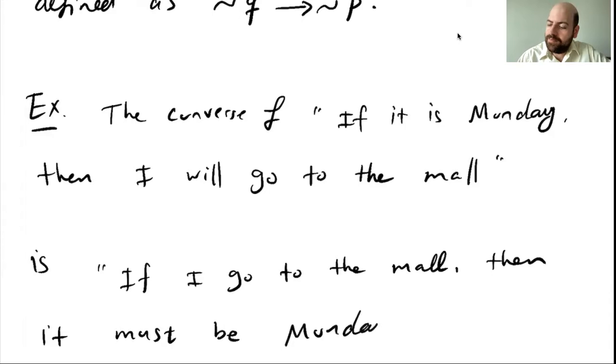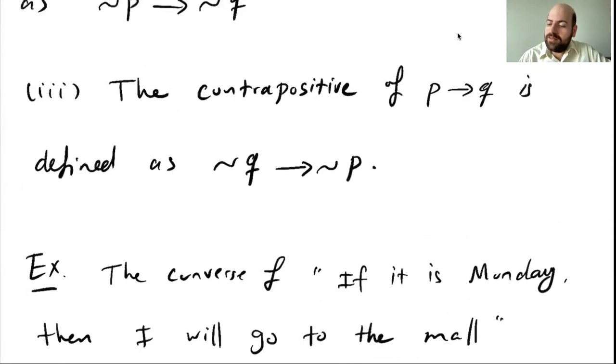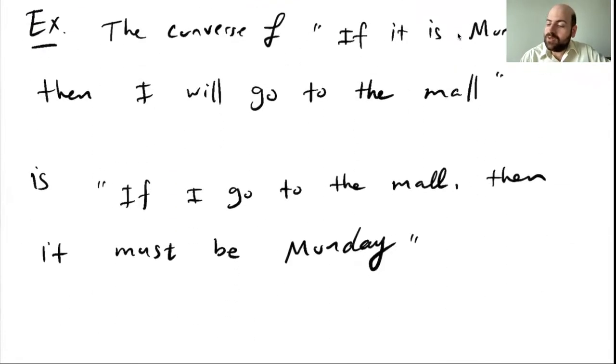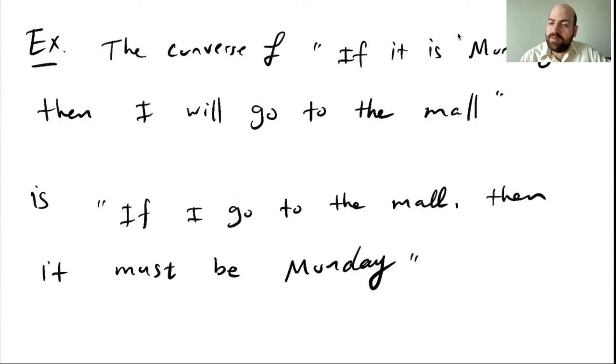Let's look at the definition again. The converse of P implies Q is defined as Q implies P. So here when I say if it's Monday, then I go to the mall, P is being Monday, Q is going to the mall.